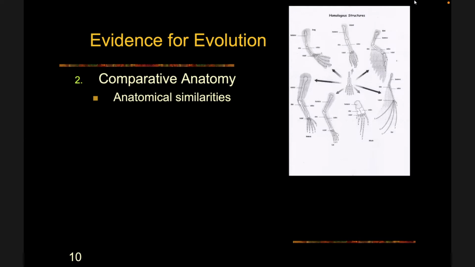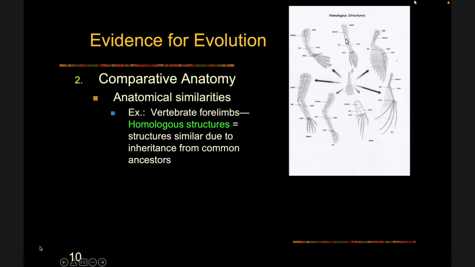Yet, despite that, all these forelimbs are located in the same position, and furthermore, they have the same underlying bone structure. From your shoulder down to your elbow, there is a single bone called a humerus. And then from your elbow down to the wrist, there are two bones.